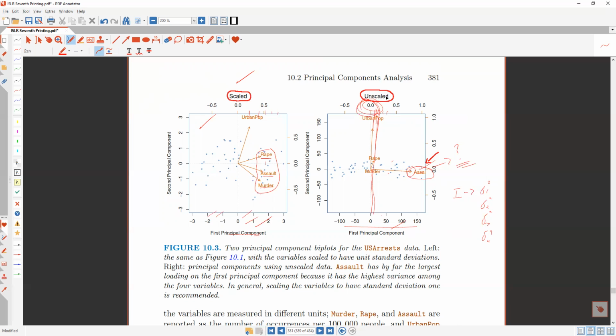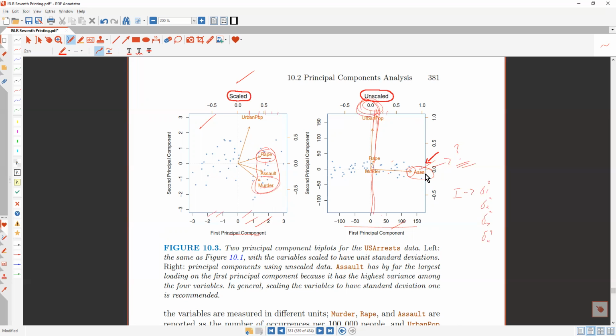So you can kind of see what's happening with the unscaled is that the assault is dominating, but it's not dominating necessarily because it's, boy, that's like so central of a variable, right? When you first look at these things, my goodness, assault, there must be something special about assault here. Well, not if you scale the data. If you scale the data, assault is in line with rape and murder. But in this particular analysis, it's far off.